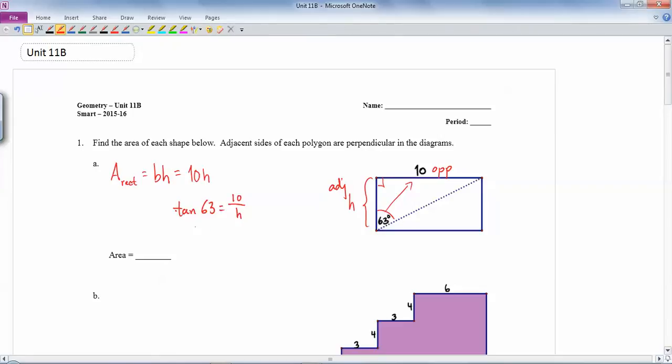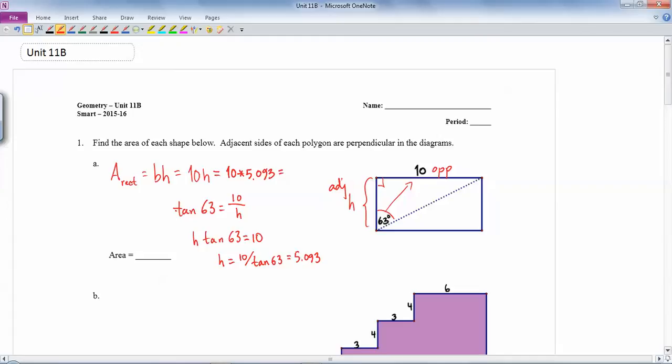If I multiply the h over, then I'd have to divide both sides by tan 63. If you plug this into a calculator, you end up with 5.093 for the height. So this is really 10 times 5.093 for the area of the rectangle.